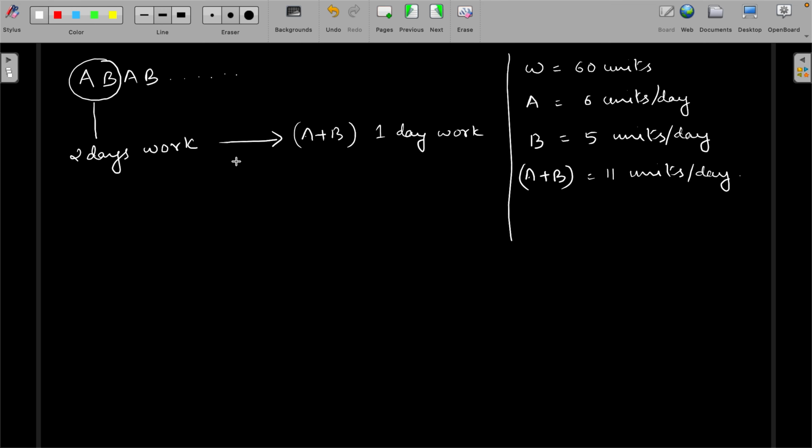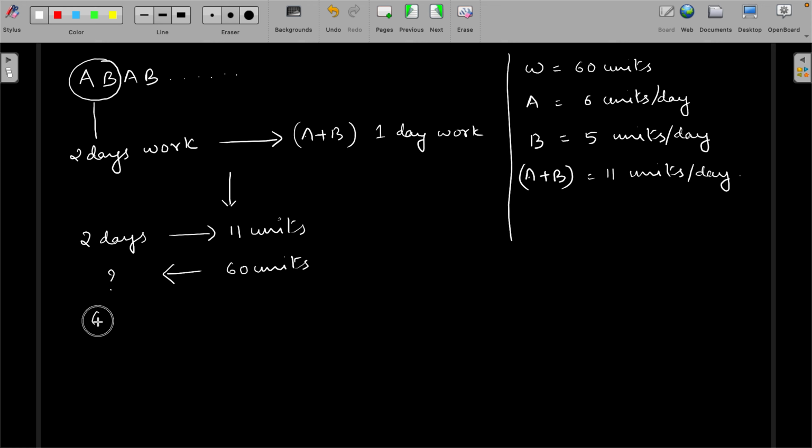So from this, in 2 days the work done is 11 units, and to complete 60 units of work, what will be the number of days taken?